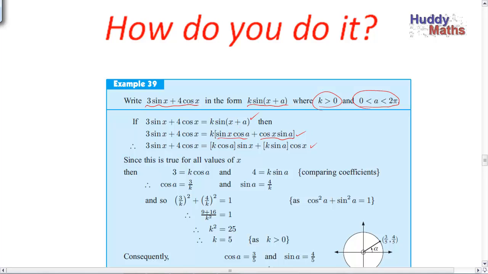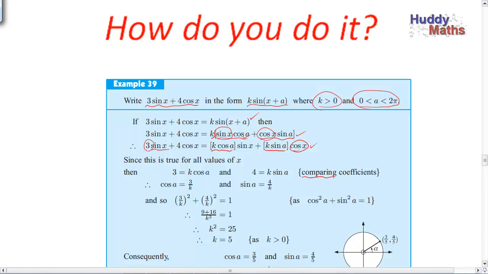We're going to package up the sine term. K cos alpha is the coefficient of sine, then let's put the cos term on the end, and k sine alpha will be the coefficient of that. Now, I don't like comparing coefficients, but here, how many sine x's have we got?